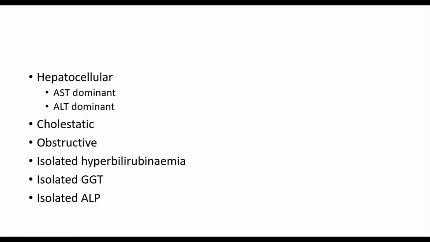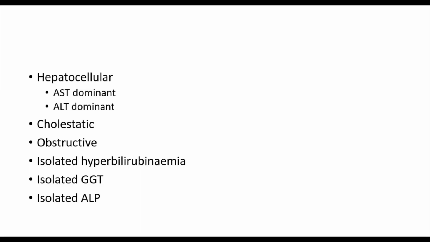To determine if the derangement is predominantly hepatocellular or cholestatic, you can formally do this using a formula known as the R ratio or R factor, which is the ALT divided by its upper limit of normal, divided by the ALP divided by its upper limit of normal. However, practically, you can just look at how many times above the upper limit of normal the liver enzyme elevation is.